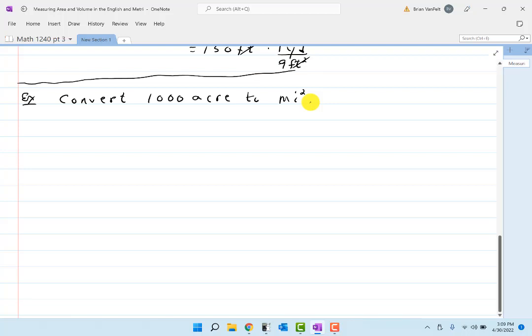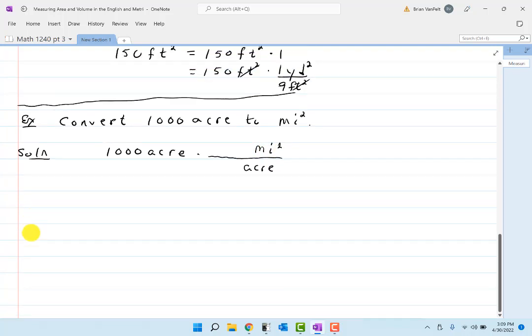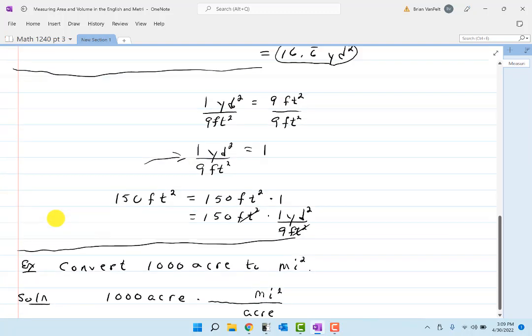So what we just need to do is hopefully go right to the table and see if there's a connection between acres and square miles. So we'll start with 1,000 acres. And then if I'm lucky, I'll be able to get an acre in the denominator and a mi squared in the numerator. Let's take a look if that table has anything like that for me.